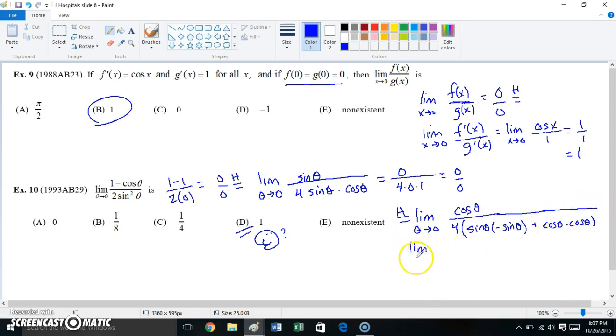Simplifying a little bit, we're going to get cosine theta in the numerator. And here we have cosine squared theta, here we have negative sine squared theta. So cosine squared theta minus sine squared theta. That coefficient of 4 is still in the denominator.